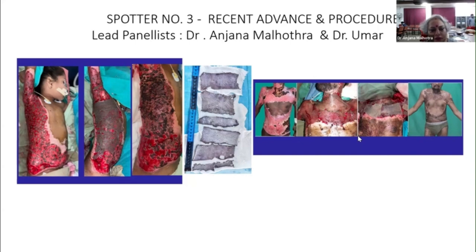You see the grafts in the picture in the center on the gauze piece. What do you think this whole process is? Early excision and grafting. Yeah, that is there. And what have you done?